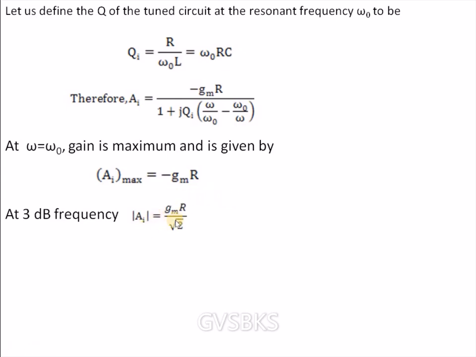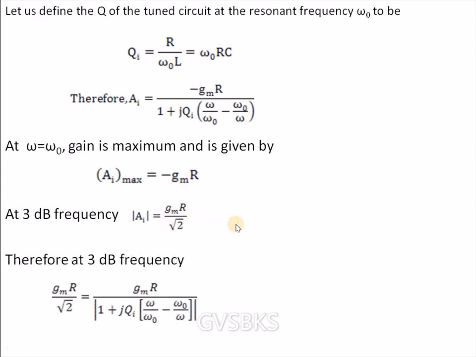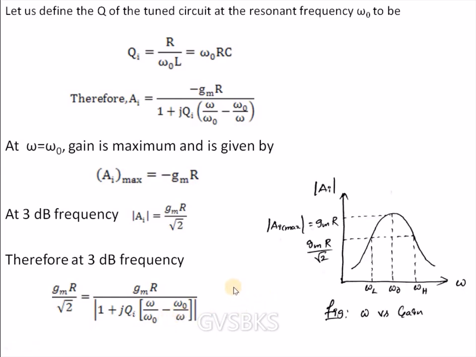At the 3 dB frequency, Ai is equal to Gm R by root 2. That's why we are equating the denominators. Root 2 is equal to 1 plus jQi into omega by omega naught minus omega naught by omega.